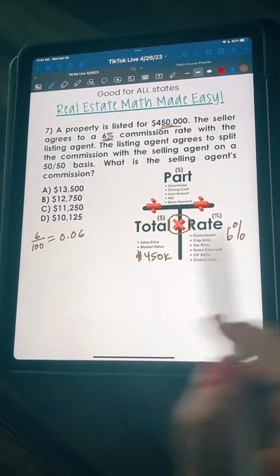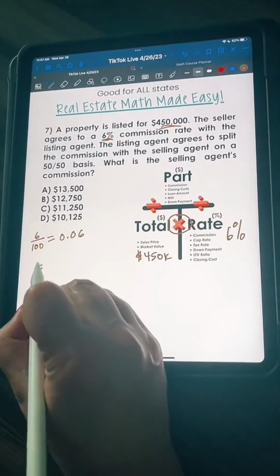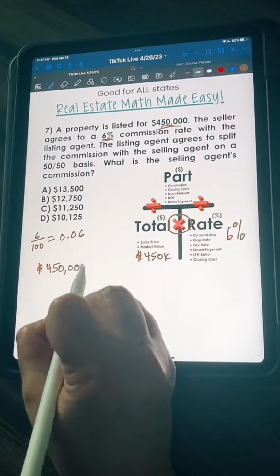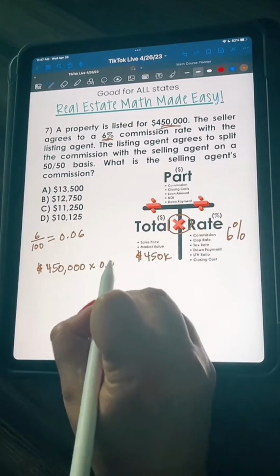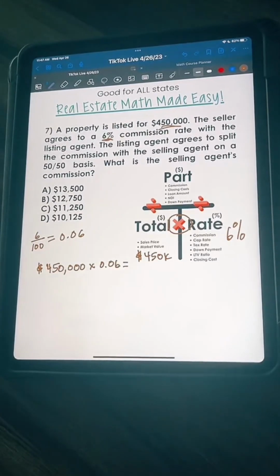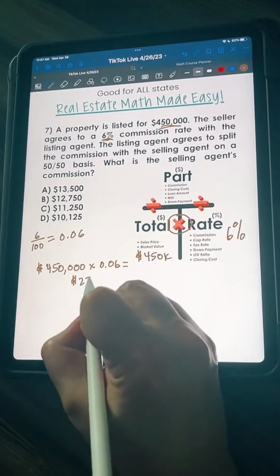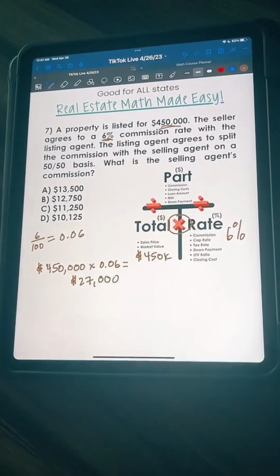This is our now third step. So we're going to multiply $450,000 times 0.06. So 450 times 0.06 is $27,000. Could you imagine? How nice. That's like cha-ching.